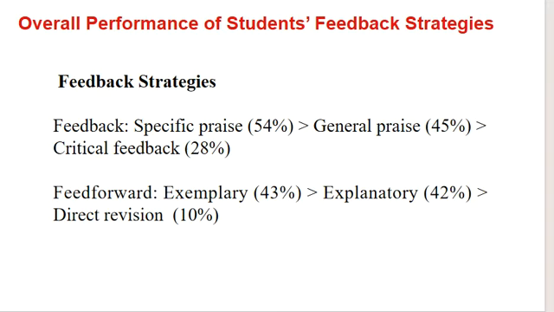Now let's come to the overall performance of students' feedback strategies. For the feedback strategies, we may see that specific praise ranks number one, which amounts to 54%, larger than the general praise, which amounts to 45%, and the critical feedback is the lowest one, which just has 28%.